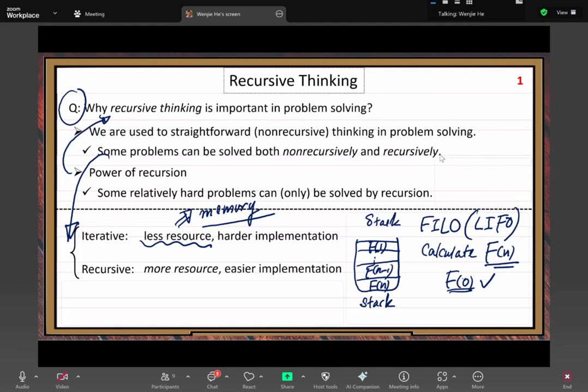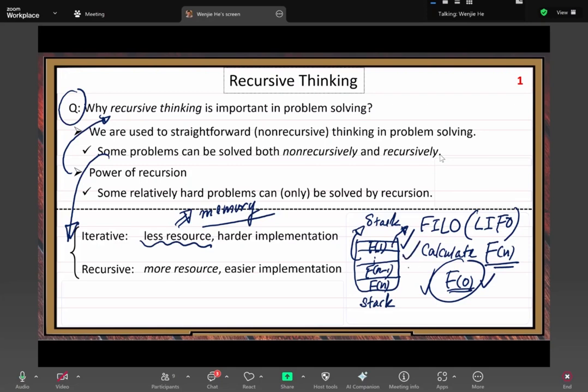After you know the f of 0 value, you pop up the first unknown value in the stack to do the calculation using the known value. Then f of 1 is known. After you find the value of f of 1, you pop up the next one from the stack. This time, because you have f of 0 and f of 1 both known, you should be able to calculate f of 2, and so on.